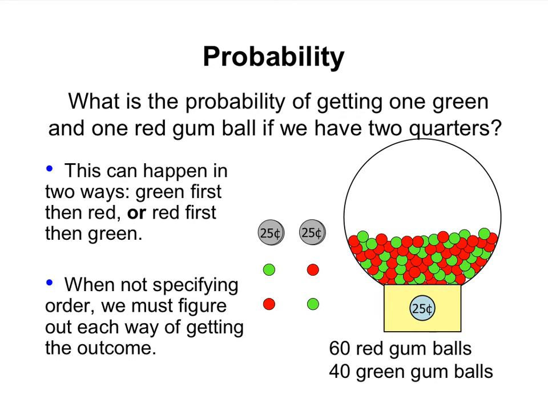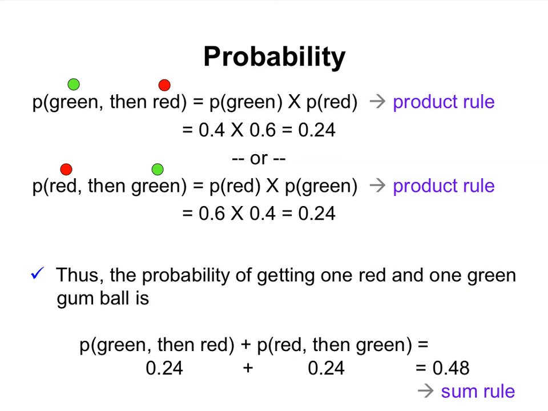So moving on, we have 60. Again, we still have the 60-40. The probability of getting green and then red, you use the product rule. What are the chances? It's 0.4 because it's 40 green and 60 red. That gives you a 24% chance. What about red first and then green? You have a 24% chance.